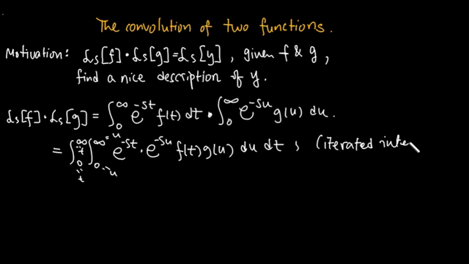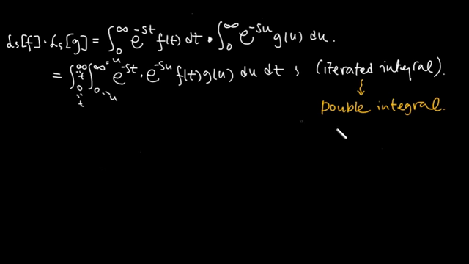But we can interpret this one as a so-called double integral. So here's how it goes. Here's a transition we're making. We'd like to interpret this iterated integral with a double integral. The double integral is an integral done over a two-dimensional plane. So here we have these two variables u and t, varying from 0 to infinity.